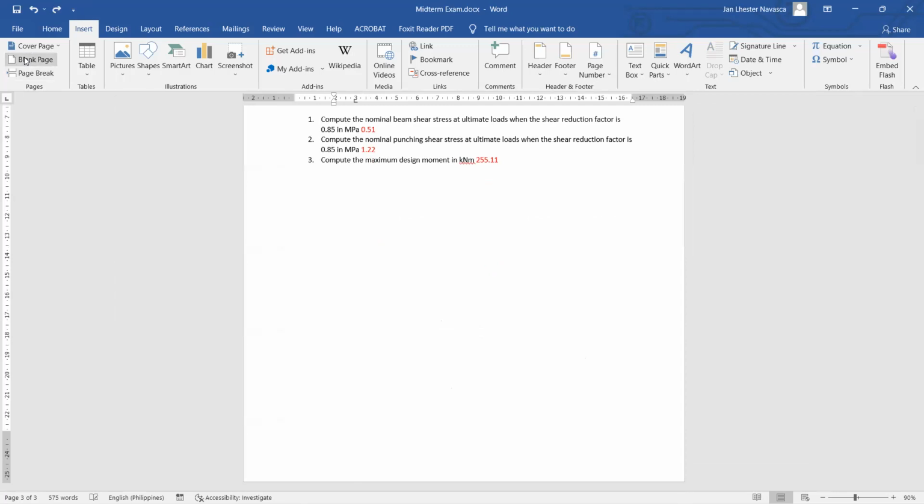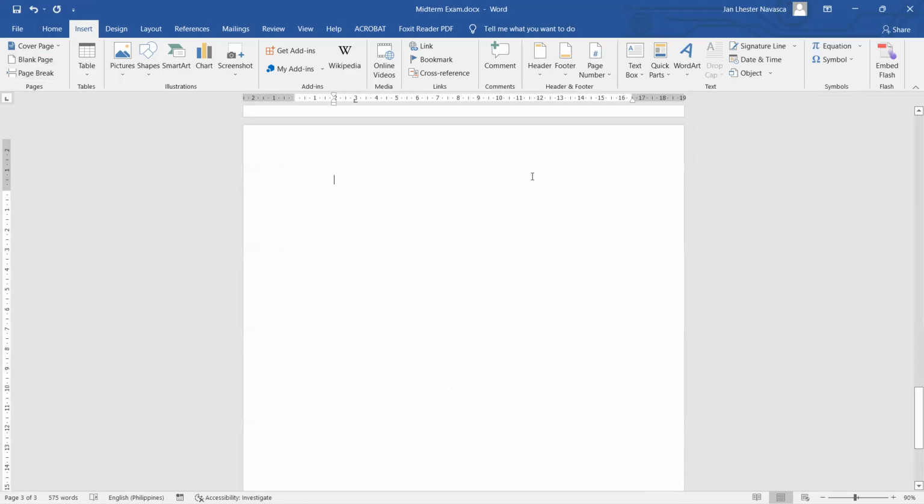So ang una niyong gagawin class is solve niyo yung ultimate loads. Set up niyo lang muna yung ultimate loads, kasi ang hinahanap natin dito is yung actual. Therefore, solve for PU.